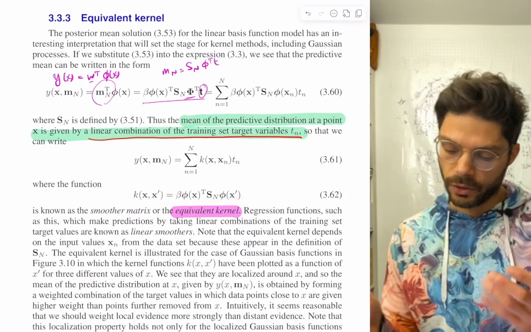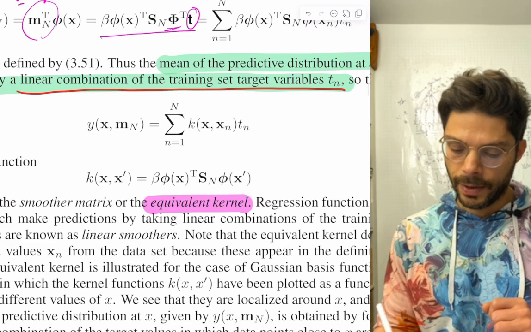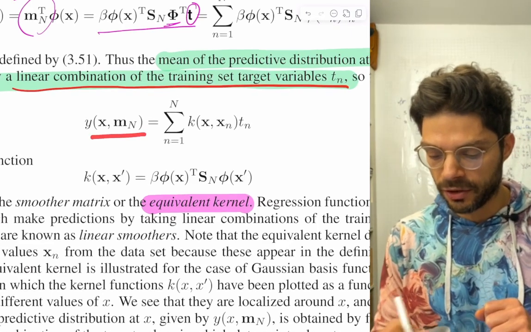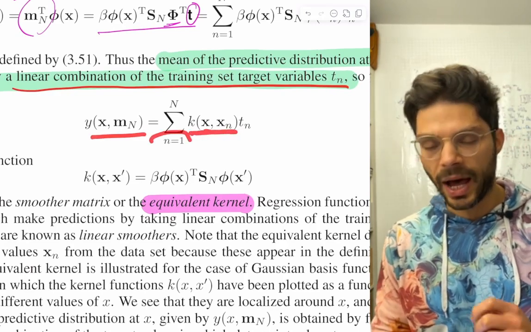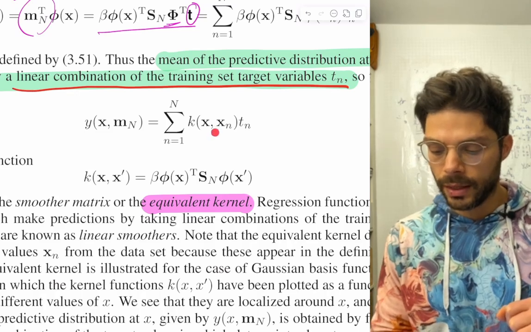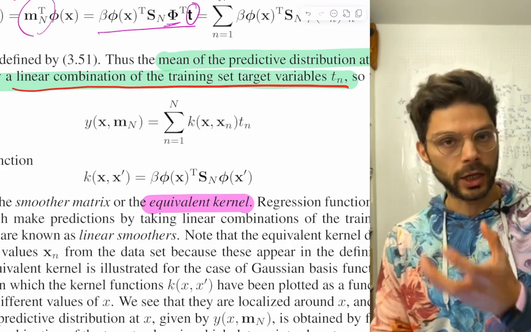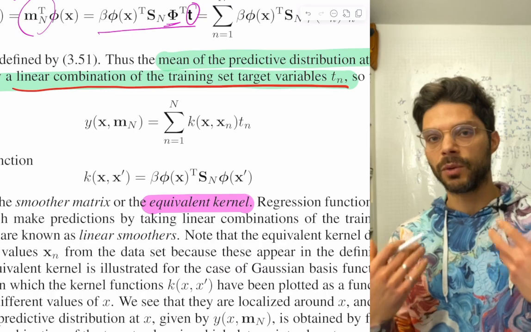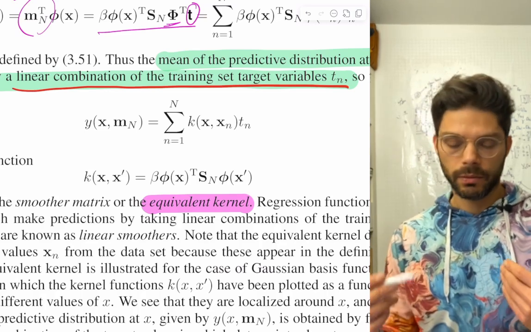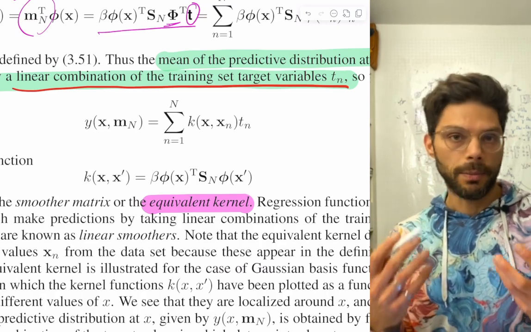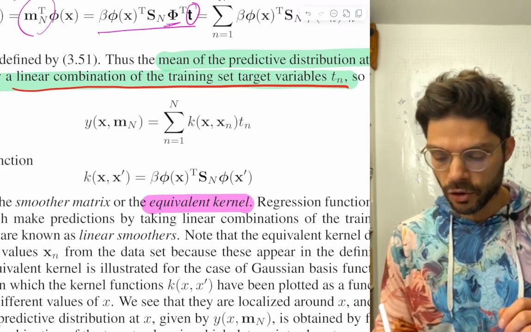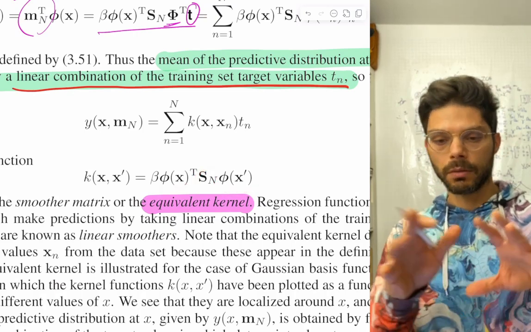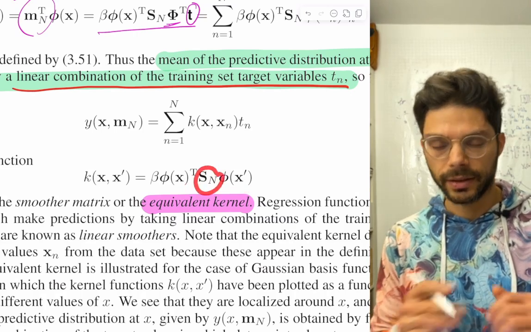One way to understand this is, so what are we doing here? In this particular statement, for each data point, we're measuring some kind of distance between that particular input in the training data and the point we're interested in. And how do we measure that distance? Well, we measure the similarity of the corresponding features, modified by our covariance.